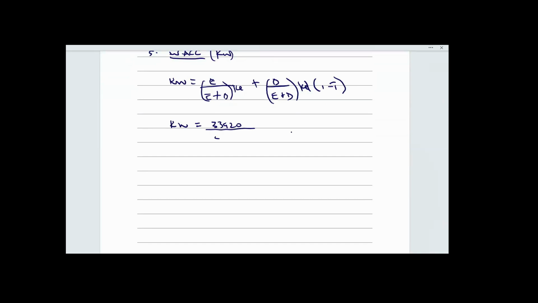Total value is 51,320. Cost of equity, we just calculated 18.38%, plus debt value is 17,400 multiplied by after tax cost of debt of 9.5%.